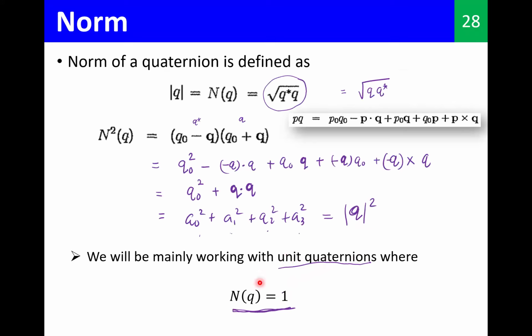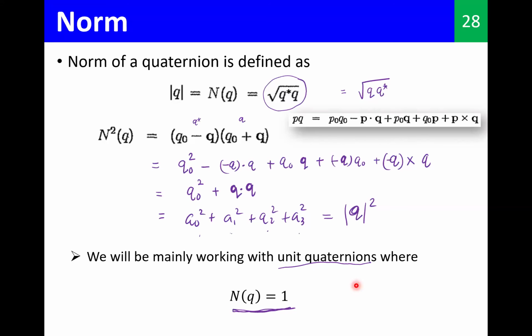That's why I told you as a head start. So we will be mainly working with unit quaternions, and that's what would actually help us rotate a certain 3D vector, by preserving its magnitude.